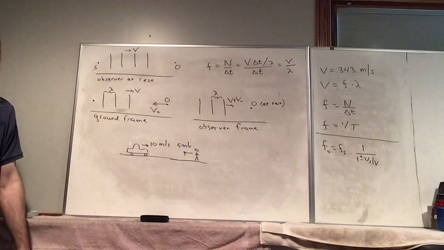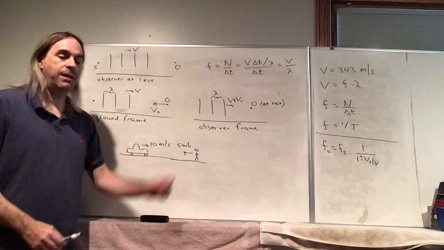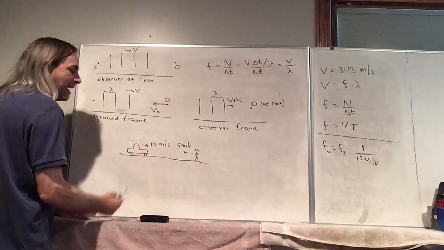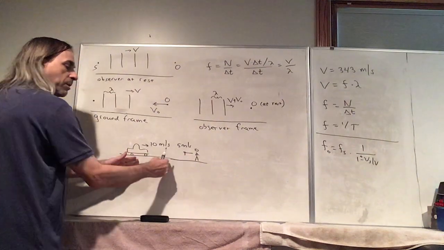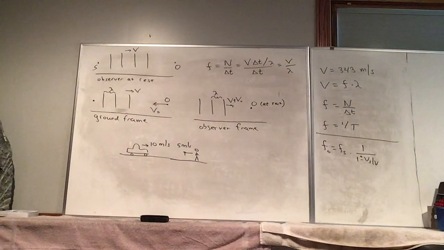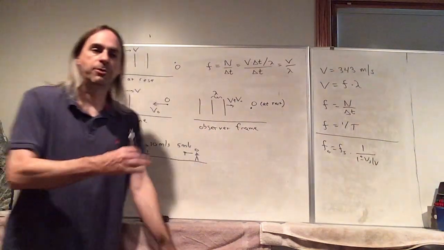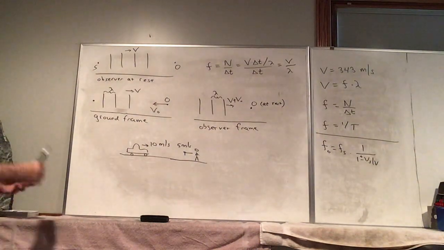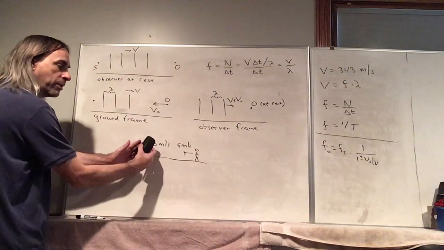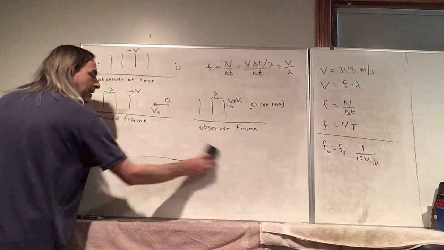How fast does the car appear to be moving towards you? 15 meters per second. If you wait 1 second, the car moved 10 meters, the person moved 5 meters. They're getting closer by a distance of 15 meters in 1 second. So the relative velocity would be 15 meters per second. We just add them. We could work this out with all the subscript notation, but I think this is intuitively good enough. Because they're coming closer together, we just add the velocities.